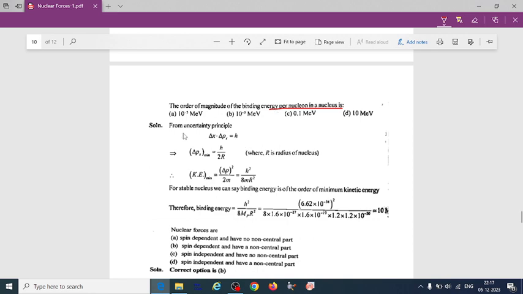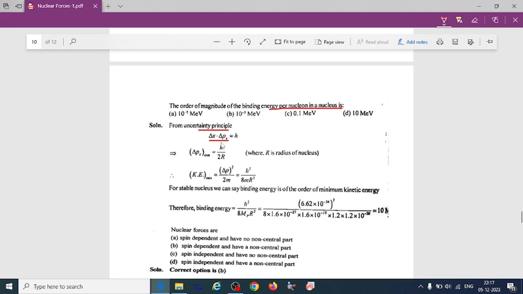So first, what we have to write here: according to the uncertainty principle, we cannot measure position and momentum simultaneously. So delta x delta p is equal to what? h cross. So delta p is minimum, which is equal to h cross divided by delta x.